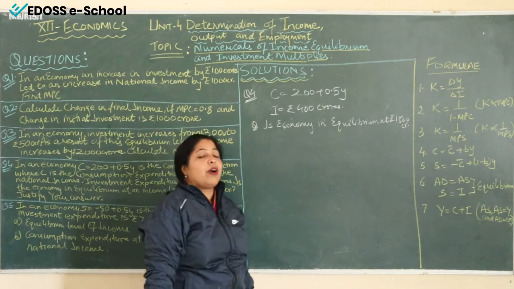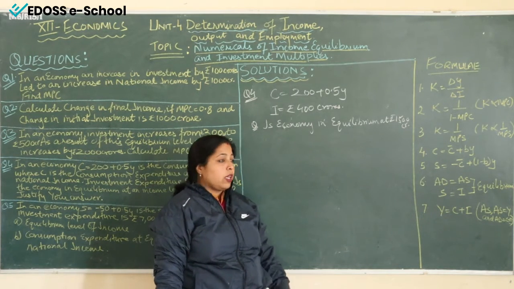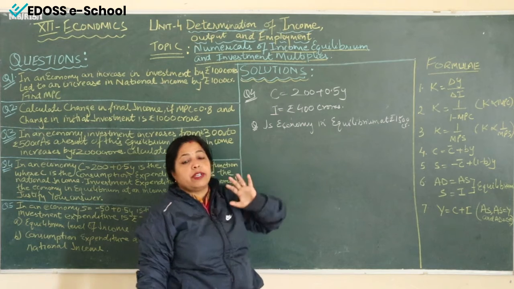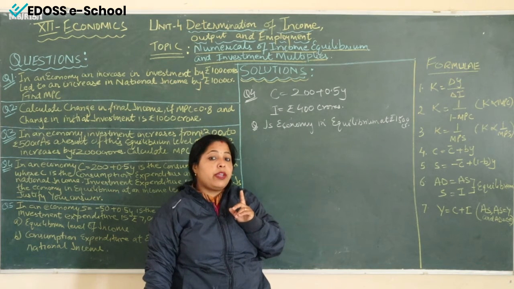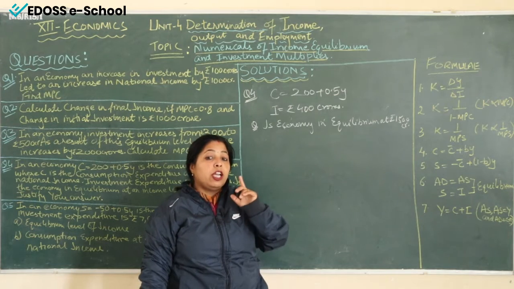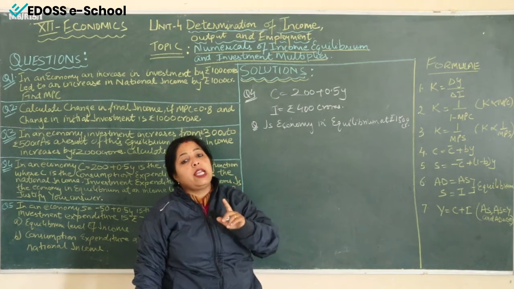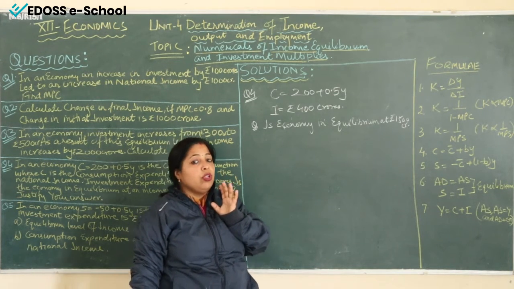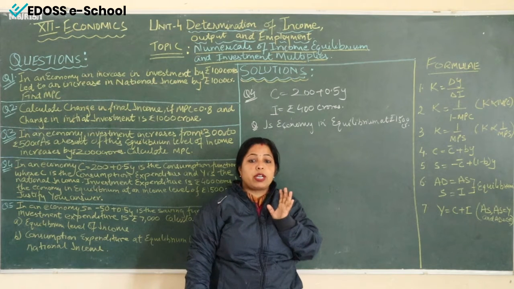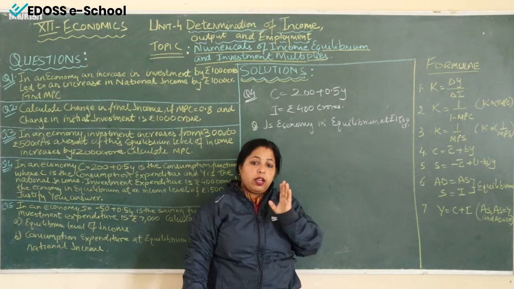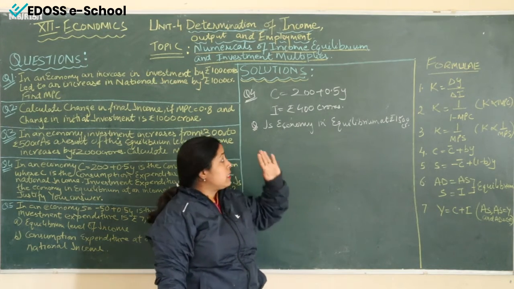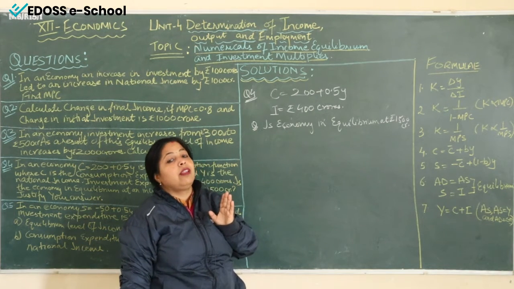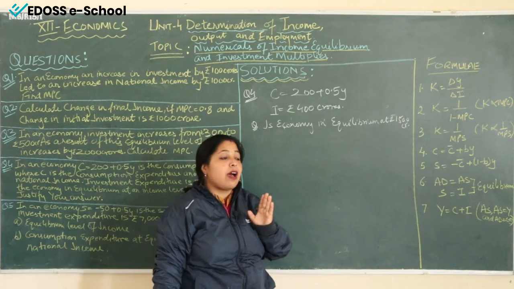So, how to do these type of sums? See, when C is given, that is consumption function, then we are going to take the equilibrium approach of AD and AS. As you all know, there are two approaches to equilibrium, that is the AD-AS approach and S and I approach. Mostly when C equation is given, then the approach of AD and AS are used.